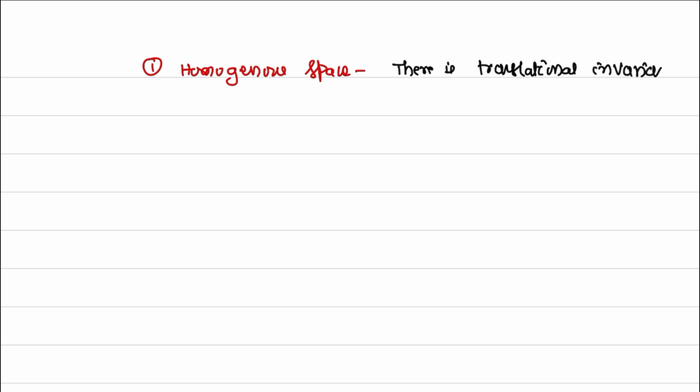Invariance means it does not change. It does not vary. Variance means change. Invariance means opposite of change. Second, isotropic space means there is rotational invariance.